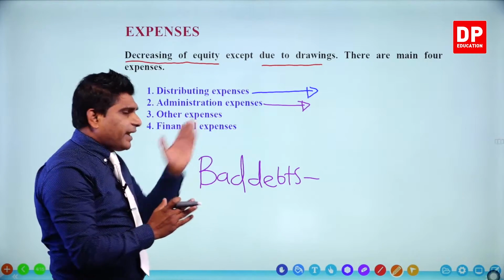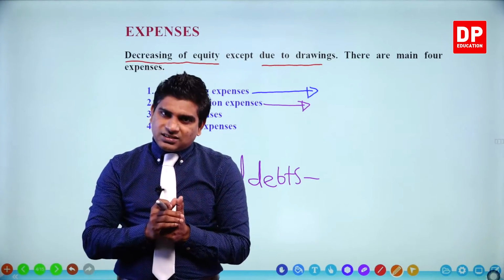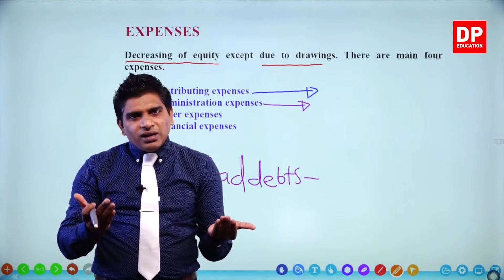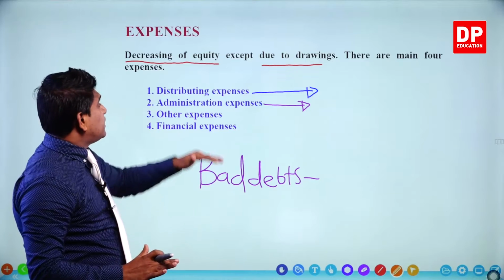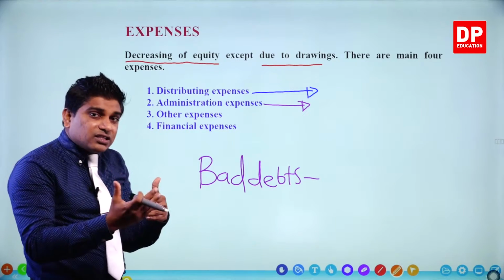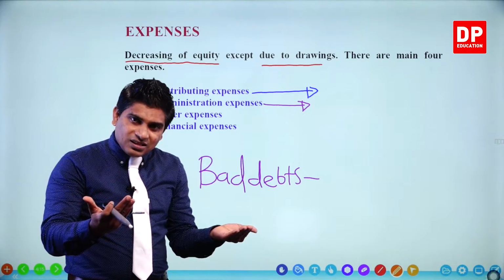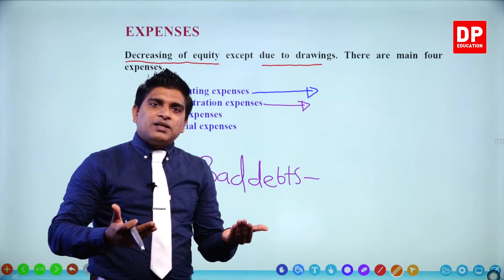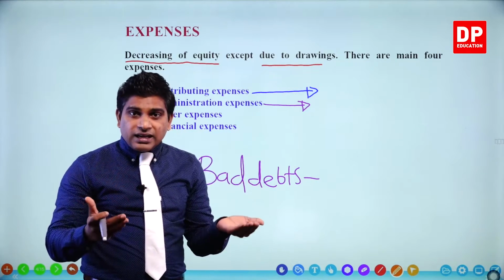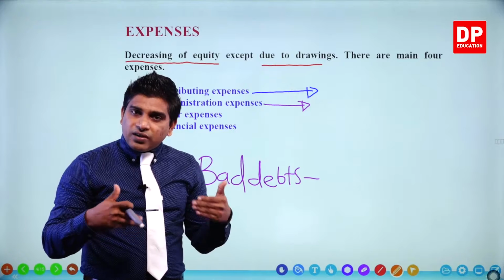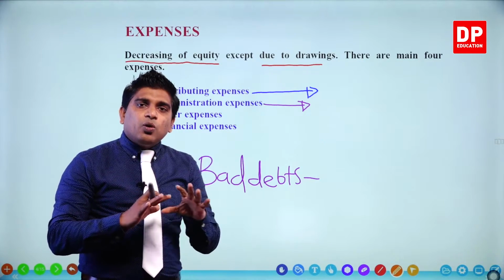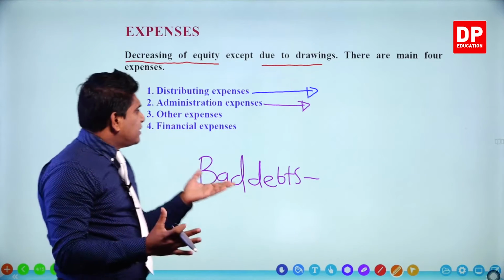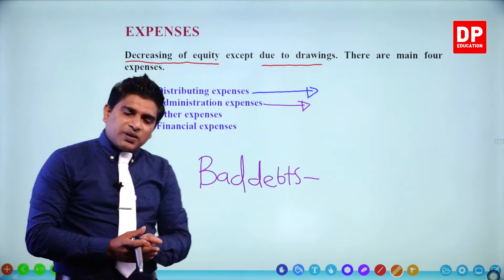They never give direct support to promote sales. But advertising we write under distributing, because we advertise to promote our sales. Insurance, employee salary, telephone bills, machinery depreciation, all these expenses come under the administration expense category.